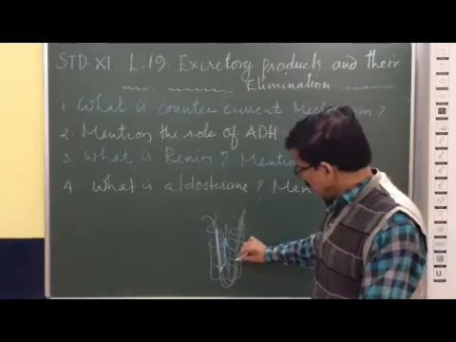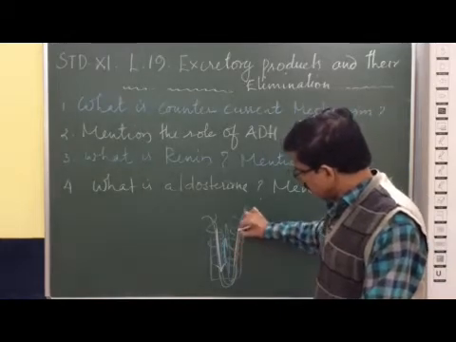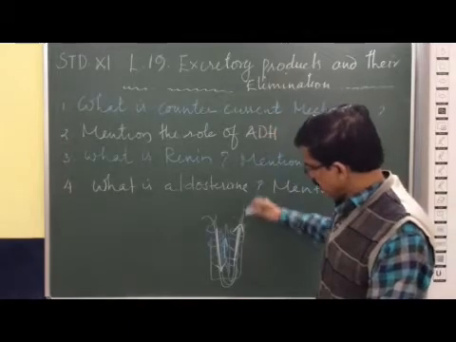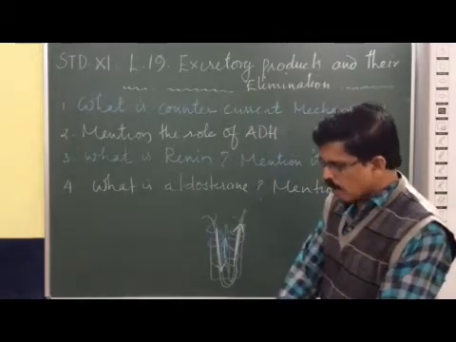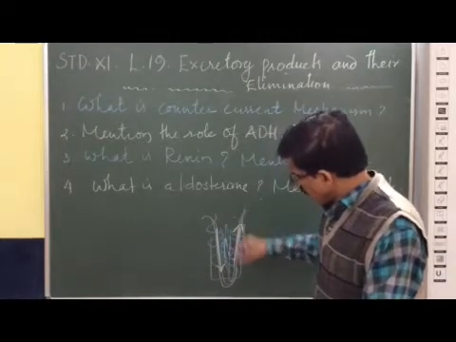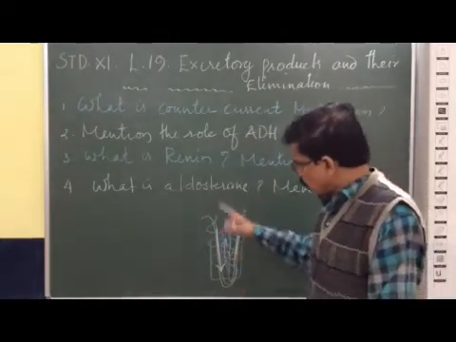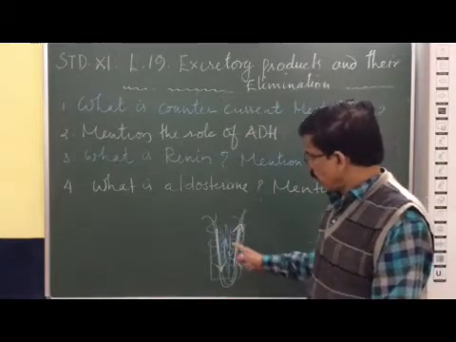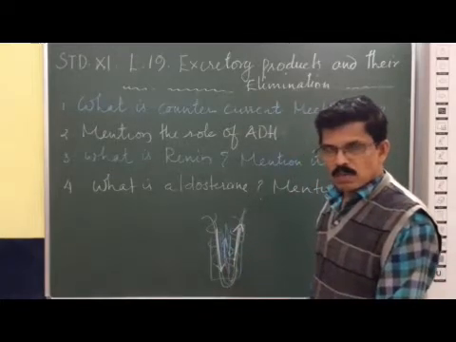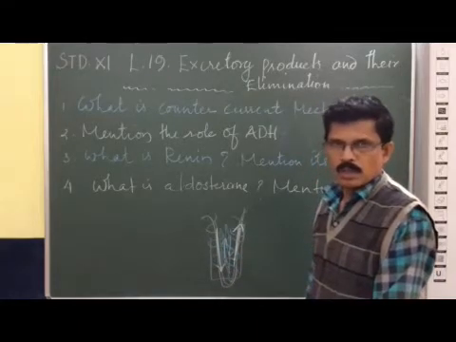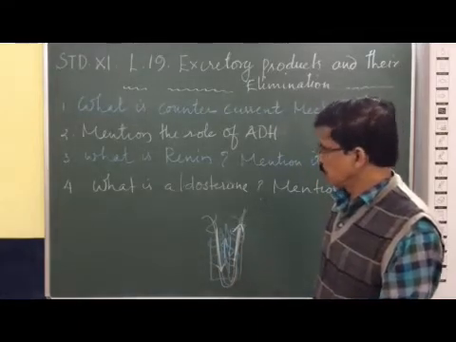And here in the ascending limb, the fluid flows in the opposite direction, whereas in the vasa recta blood vessel, the blood flows in the downward direction. This type of opposite flow of the blood in the vasa recta and the filtrate in the Henle's loop is called the counter current system.